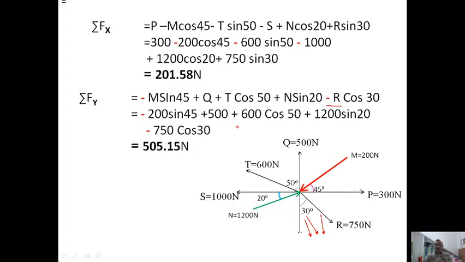So this is how to frame the sigma f of x equation and sigma f of y equation.